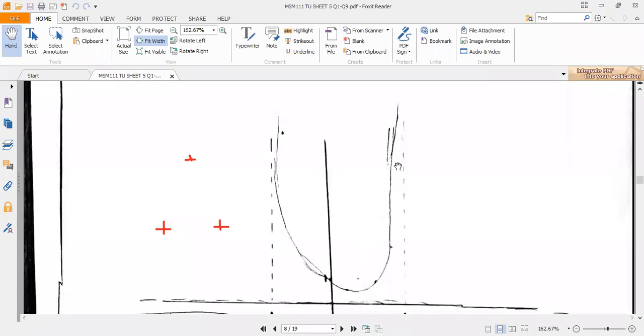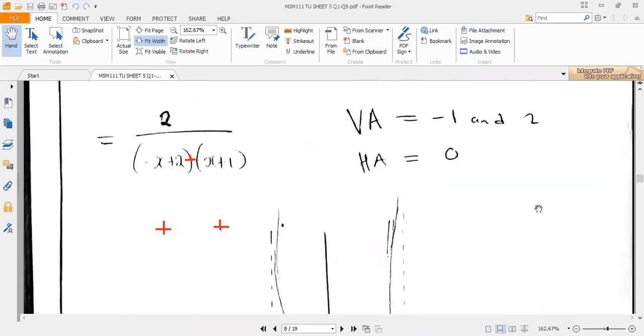So now we're going to pick another value on this left-hand side, approaching this line here. Let's pick negative 0.5.